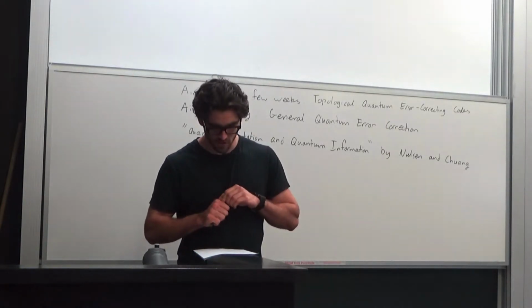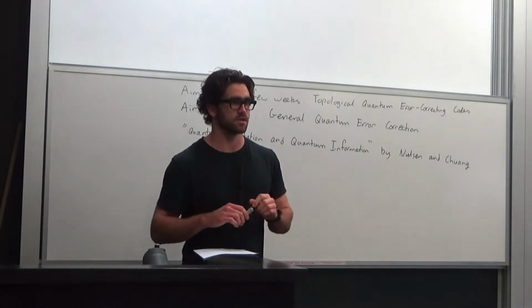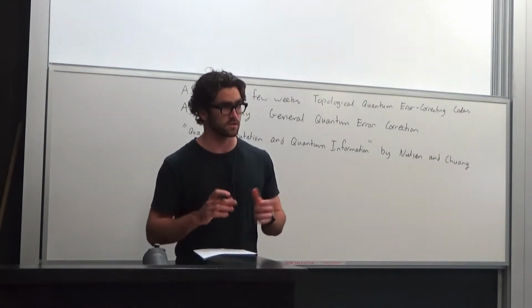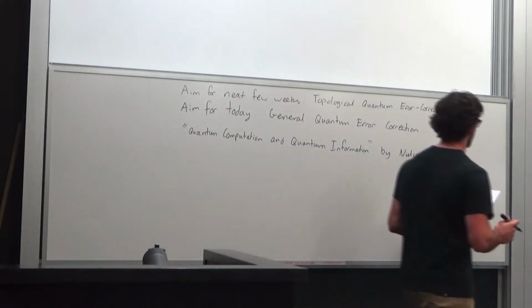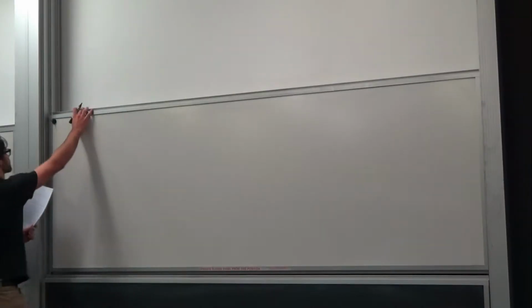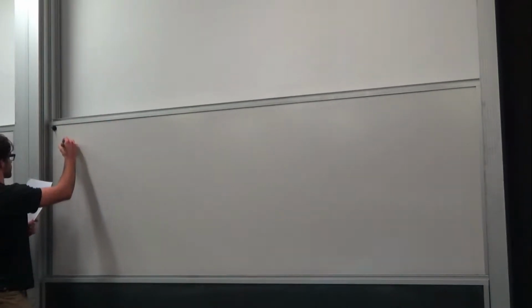All right, so I'm going to start off just recalling a couple of definitions from 2 weeks ago with the classical linear codes that we saw from James's talk. So I'm going to write those up, as well as the quantum analog. So to begin with, just recall the linear code.